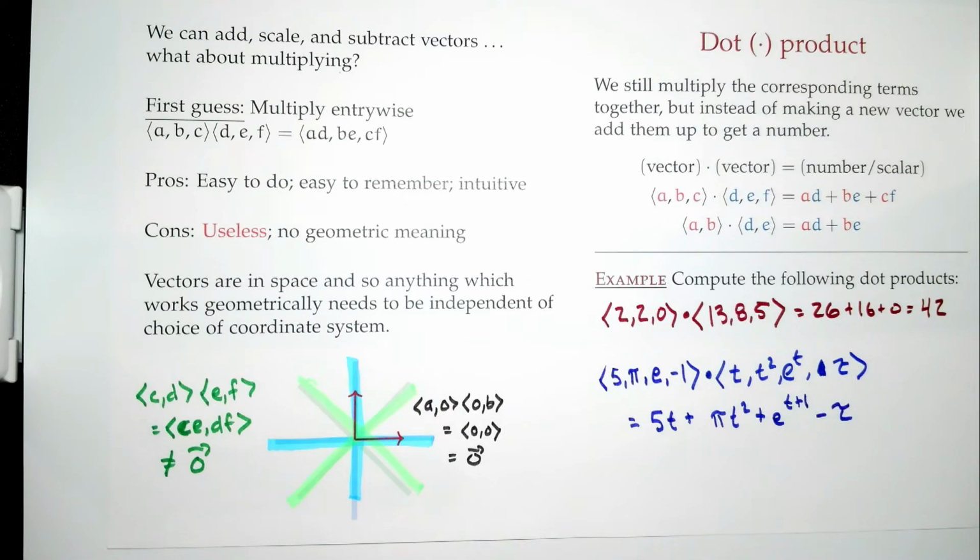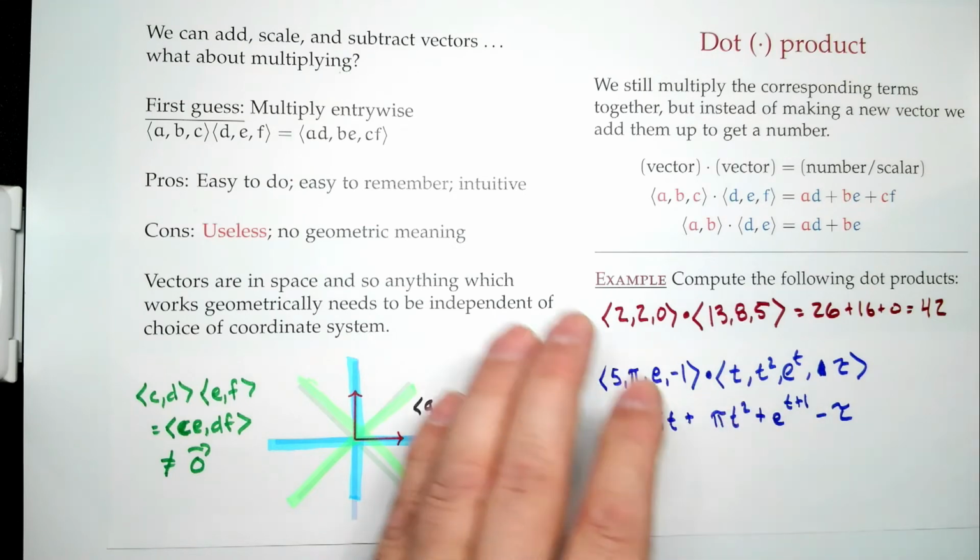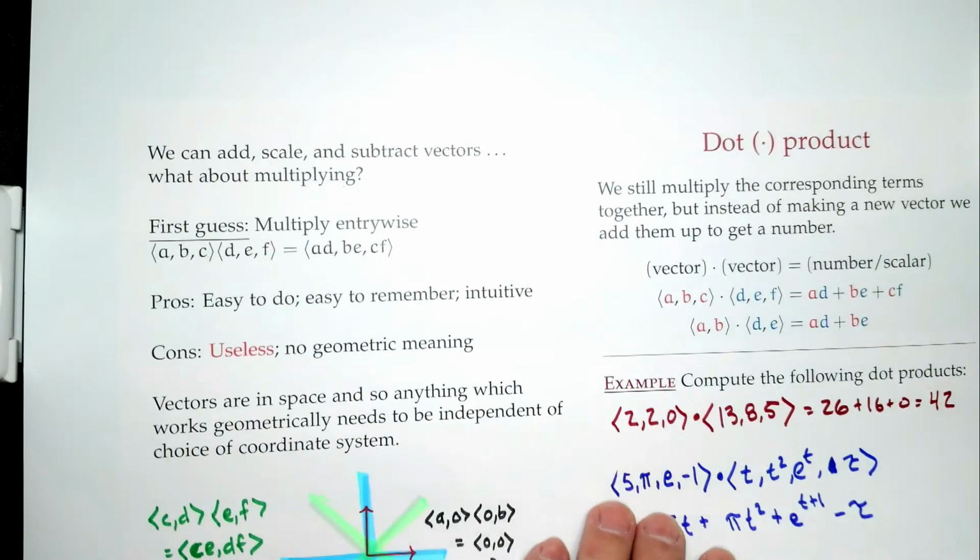Now, let's talk about this product. What are some things that are true? Well, I think it's pretty easy to say, look, it's not hard to do this product. We didn't have much struggle doing these dot products, and it's not hard to remember, but there's something even more important.